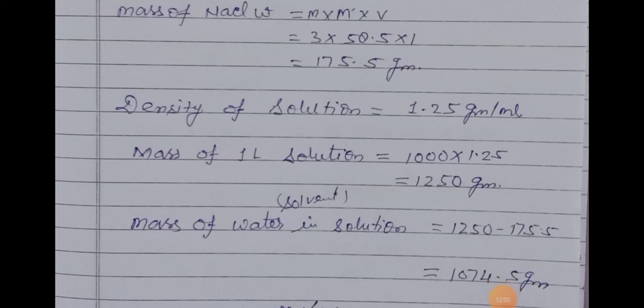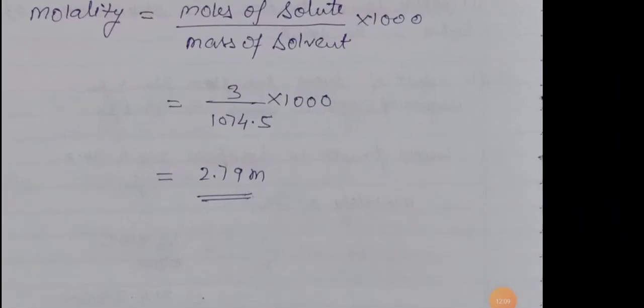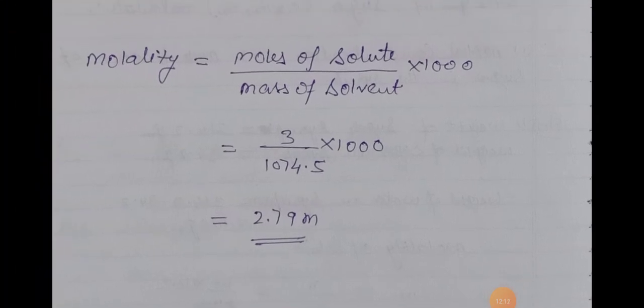Now we will put the formula. Molality equals number of moles of solute dissolved in 1 kilogram of solvent or 1000 gram of solvent.